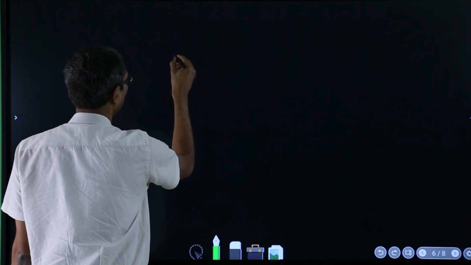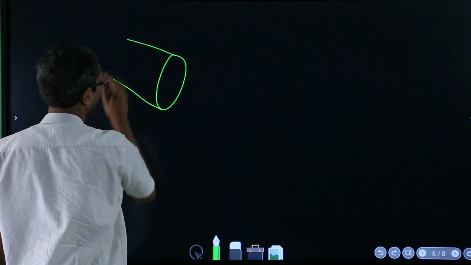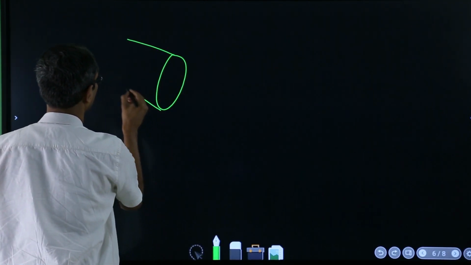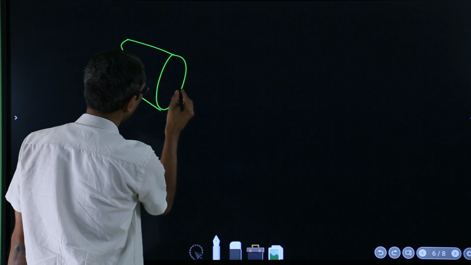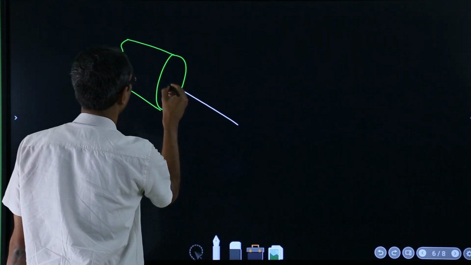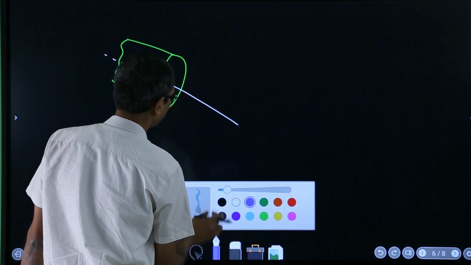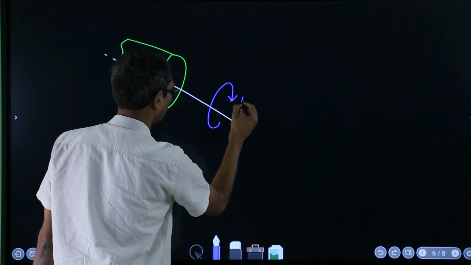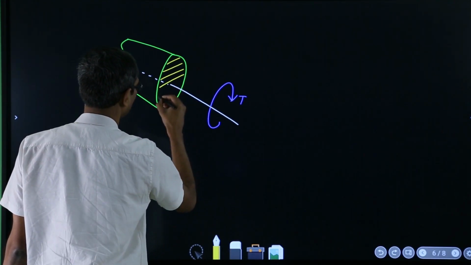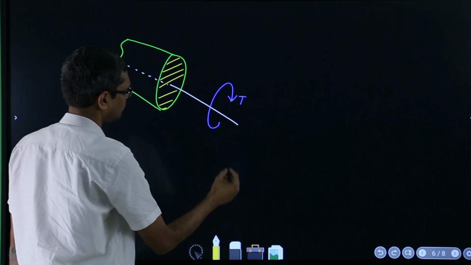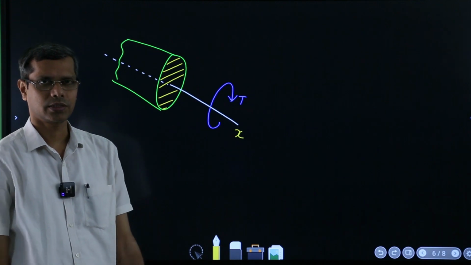See, in torsion, suppose this was the surface, and the moment of inertia you calculated was about this axis, so that it gave you a resistance to the torque that you apply. So, the more the moment of inertia of this cross section about this axis, suppose this is x, it gave you that resistance.